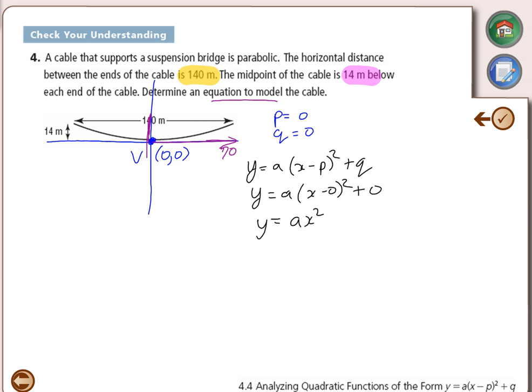And then it's up by 14. So this point is going to turn out to be 70, 14. If you wanted to use the point on the other side, it would have been negative 70 and 14. You can use either one of them. That's my x and my y.